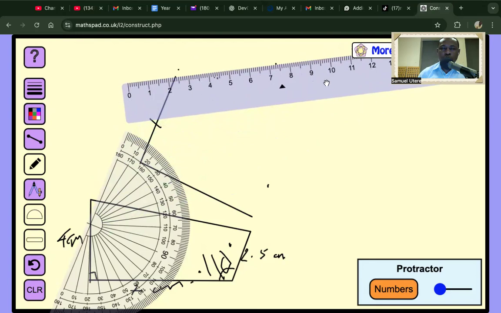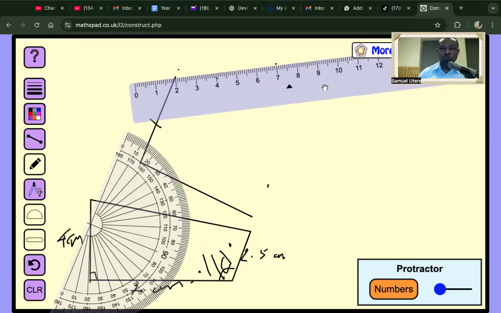And then we want 4.5 centimeters. Because it has to be equal to the other point where we have the hatch mark, I'm measuring from 2, which means from 2 to 4.5, plus 4.5, that would be 6.5. So I'm going to draw this line and then stop at 6.5, which will give me exactly 4.5 centimeter.